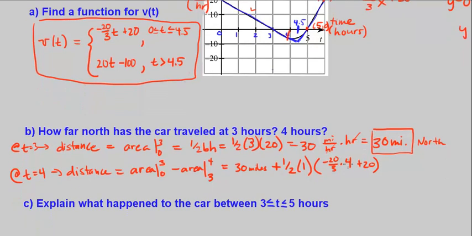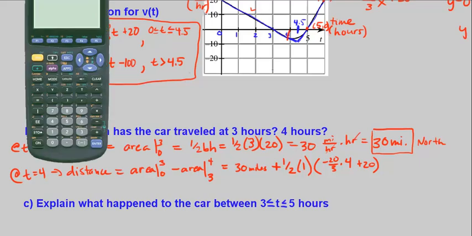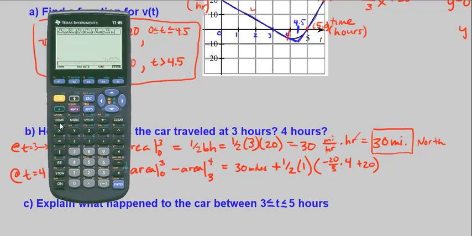So what we can do now is I'm going to use a calculator really quick. So I have 30 plus 1/2. Oh, I'm just going to say plus 0.5, same thing as half, times 1. I don't even need to write that because times 1 doesn't change it.